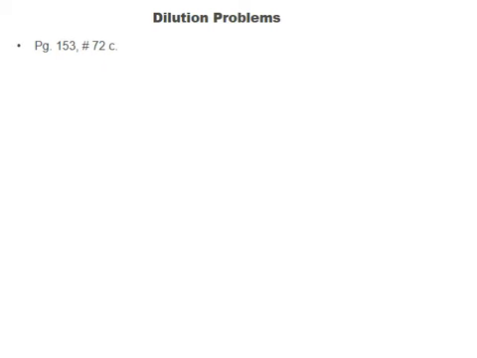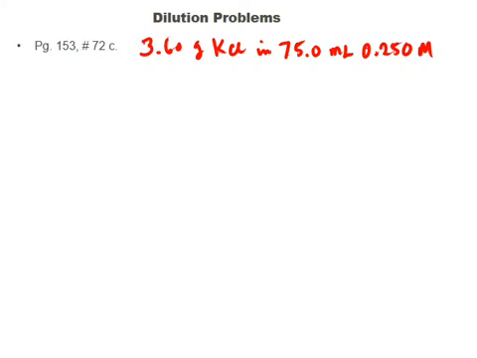The question is, when 3.60 gram of KCl is added to 75.0 ml of 0.250 molar calcium chloride.